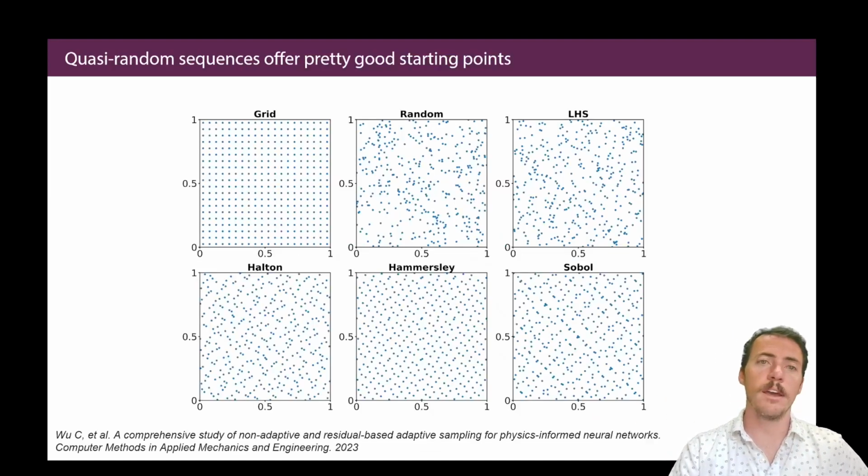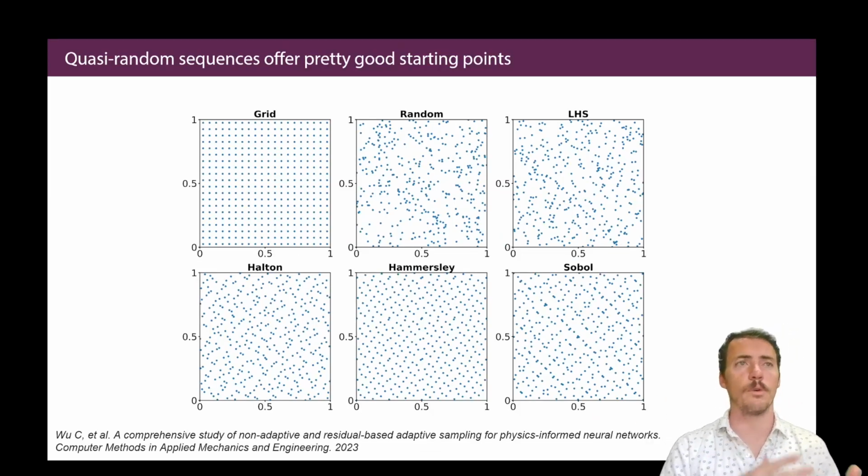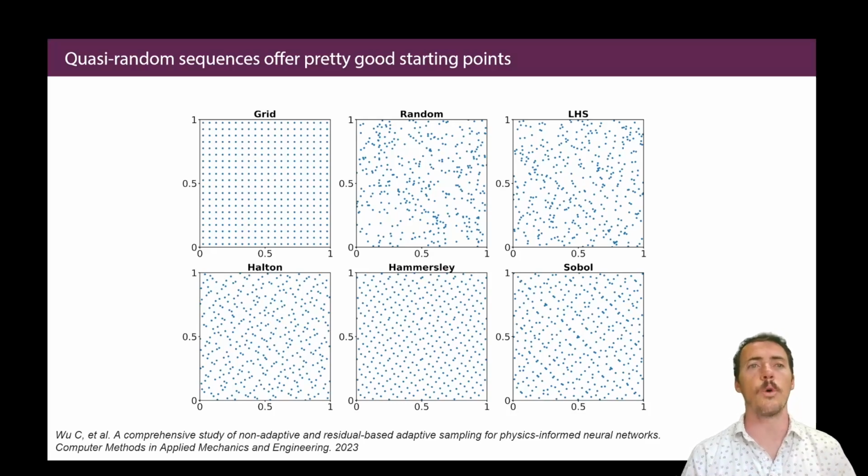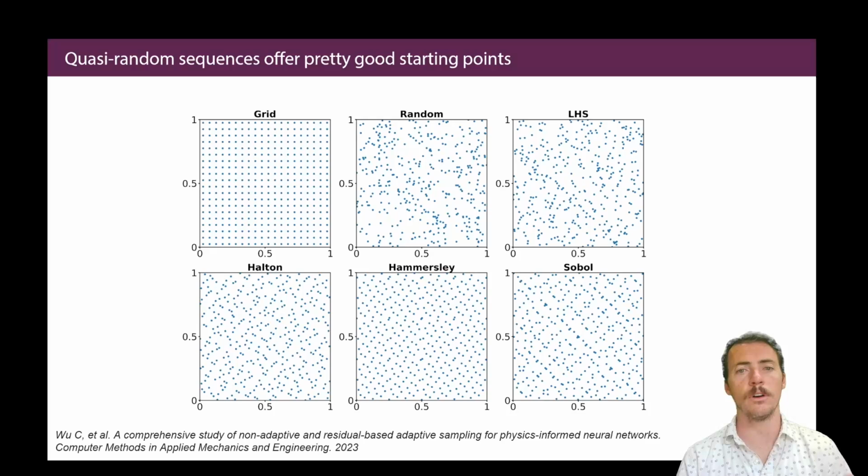You could do that. Actually, there's something even better than grid or random, and that's using these so-called quasi-random sequences. There's several to pick from: Sobol, Halton, Hammersley, Latin hypercube. And I find that those are actually pretty good starting points. We use Latin hypercube most of the time when I'm generating my starting data.